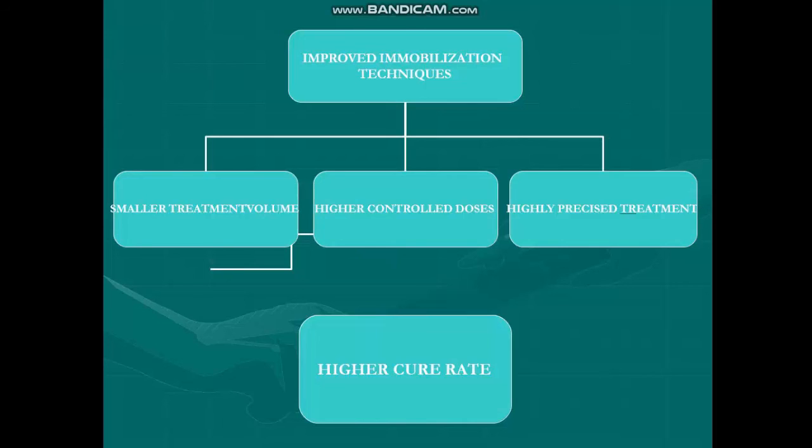Immobilization devices can decrease the time needed for daily setup and target localization, thus increasing a clinician's throughput. Certain immobilization devices may also allow setup marks to be made directly on the device instead of the patient's skin, which can improve the patient's psychological well-being while under treatment.